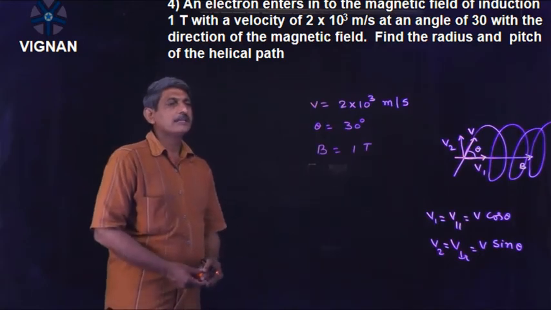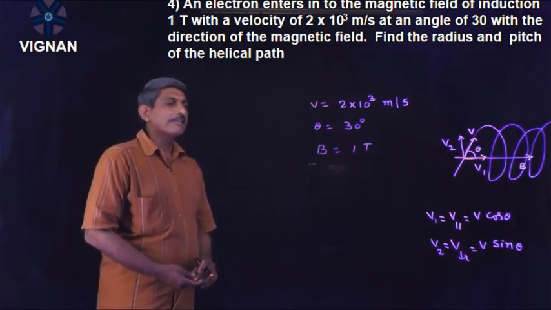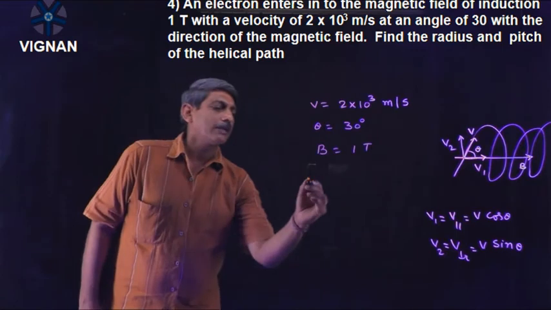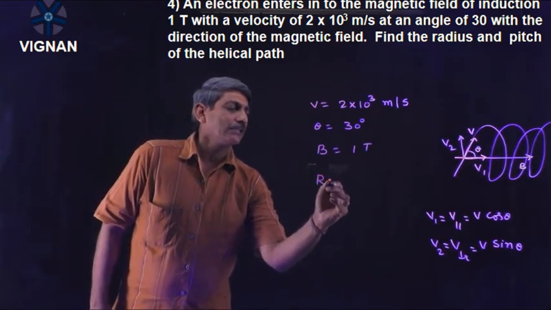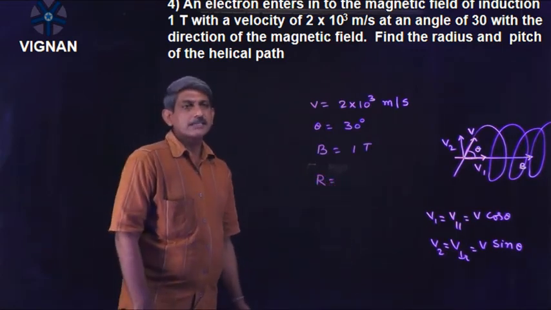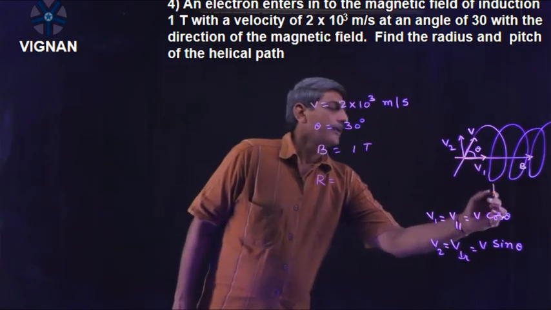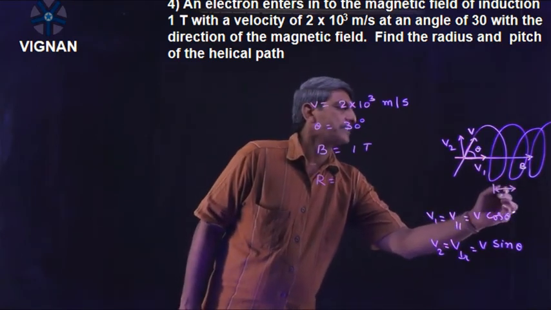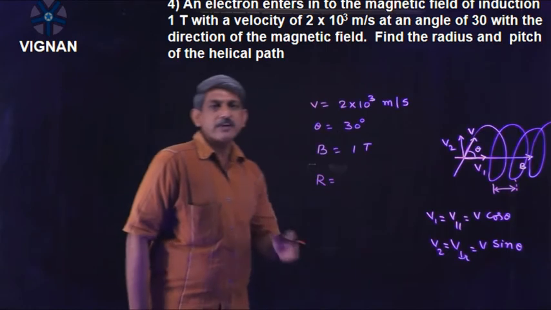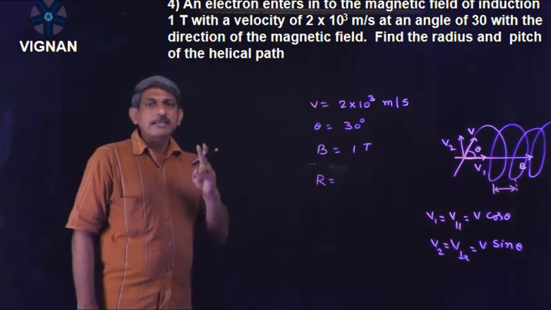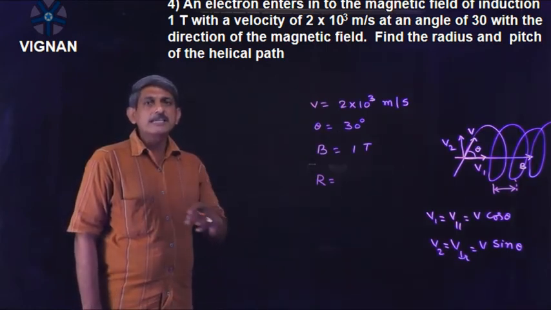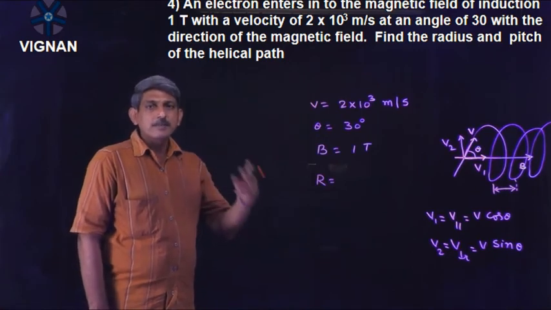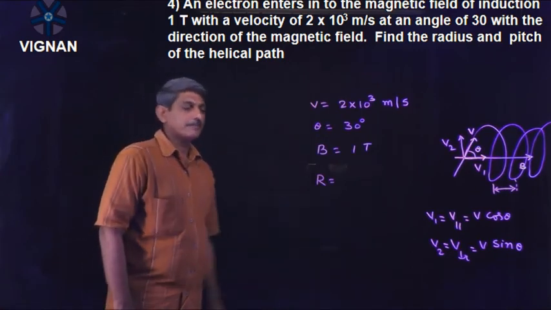V is given, theta is given, B is given for us. We want to determine the radius of the helical structure and also the pitch. You know that pitch is nothing but the distance advanced by the particle during one time period, or the distance advanced by the particle as it completes one rotation in the forward direction.